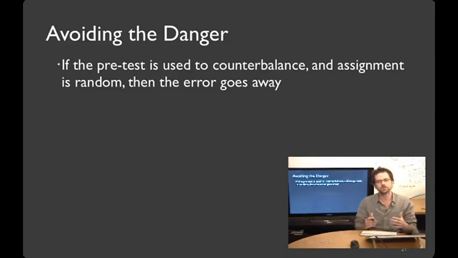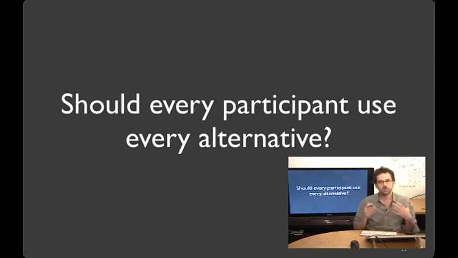If instead you use the pretest to counterbalance, like we did with the typists, so we put high and low speed typists in both conditions, then you no longer have that worry about regression to the mean. So the major question that we tackled here is, should every participant use every alternative?